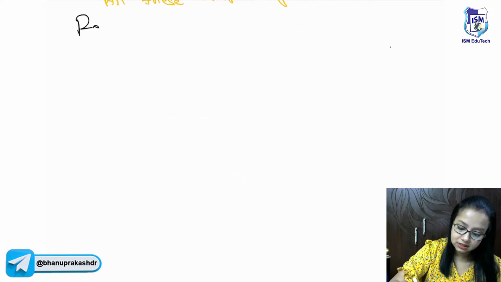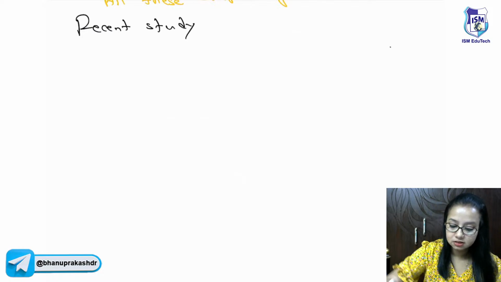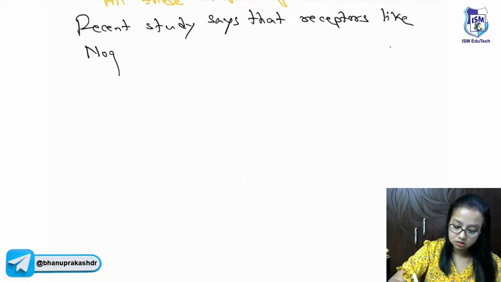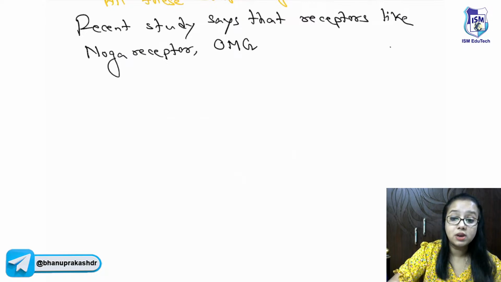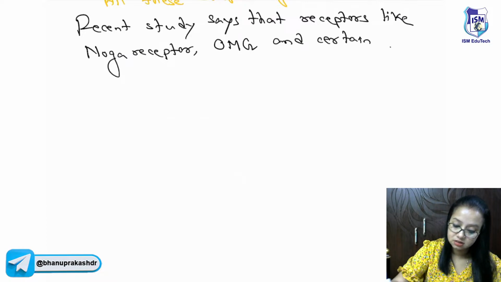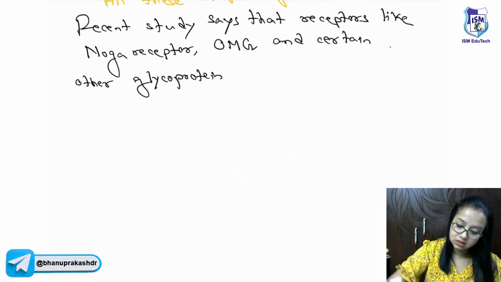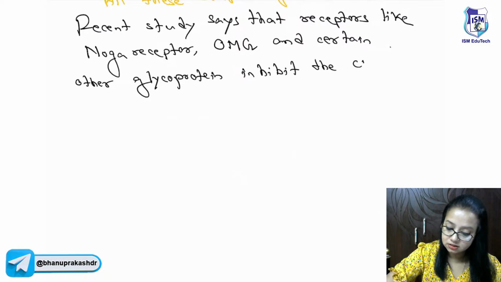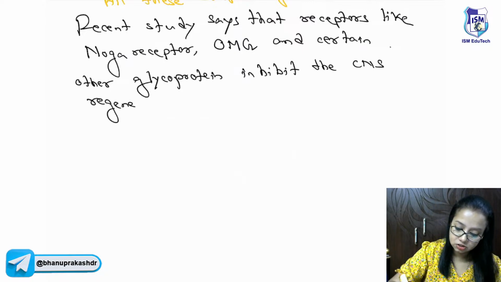Okay, recent study says that receptors like NOGO receptor, or like OMG protein, oligodendrocyte myelin glycoprotein, all this thing, and certain other glycoproteins inhibit the CNS regeneration.